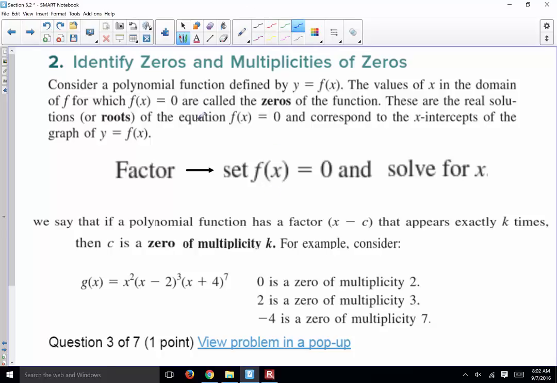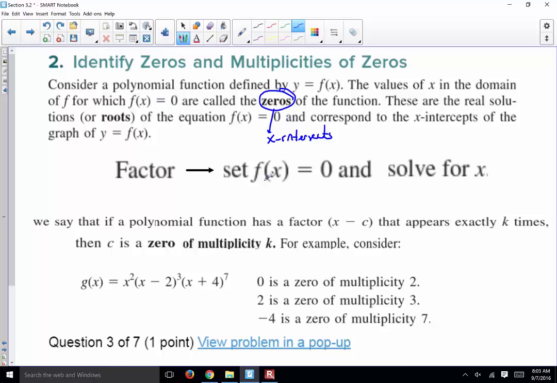Okay, now let's talk about zeros of the function. Zeros of the function are basically x-intercepts. The numbers you plug in f that make y into 0 are called x-intercepts or zeros of the function. Okay, but how do we get them?